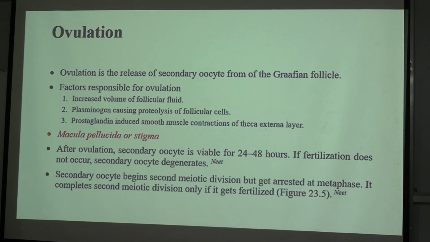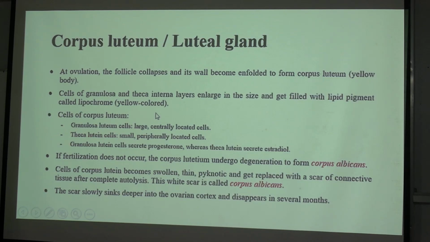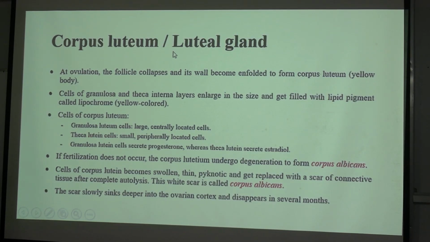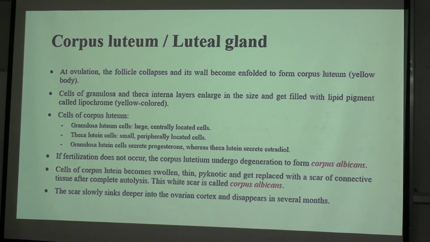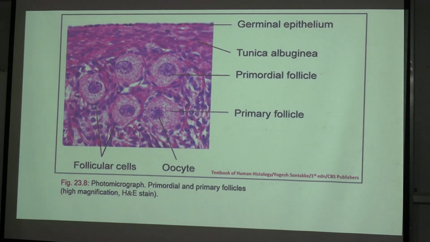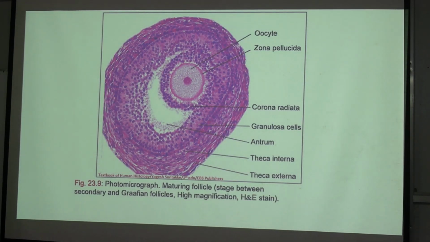Or sometimes we get the corpus luteum or luteal gland after ovulation, which comes as a physiology short note as well as an anatomical short note. What hormones are liberated, what are their functions, and so on, we have to prepare accordingly.